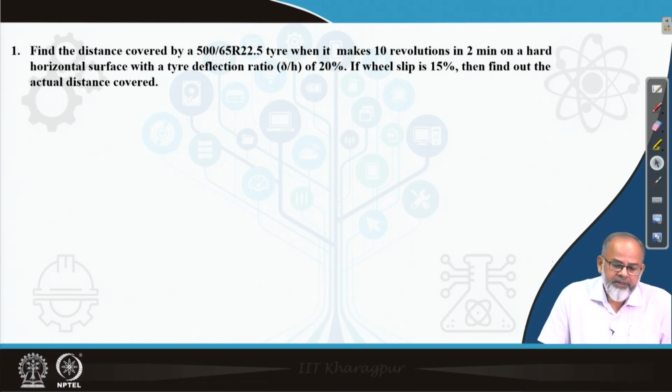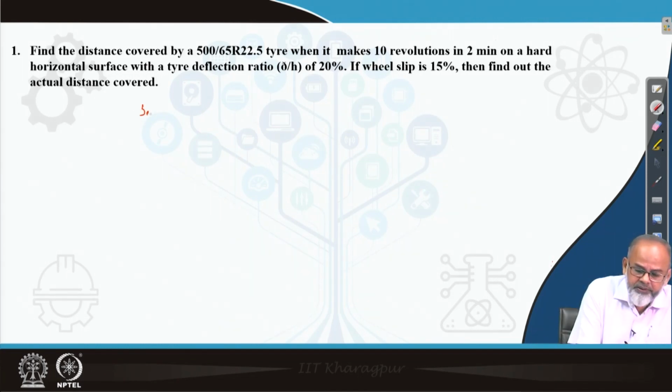When I said 500/65 R22.5, that means this is a radial tire and 500 is the section width, which is your B. So this is 500 millimeter.